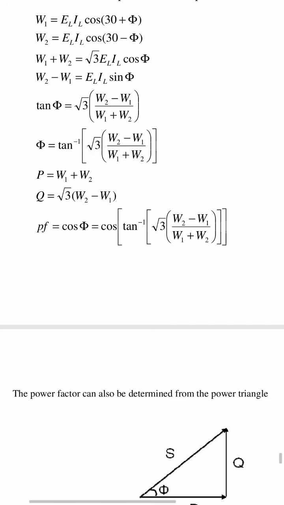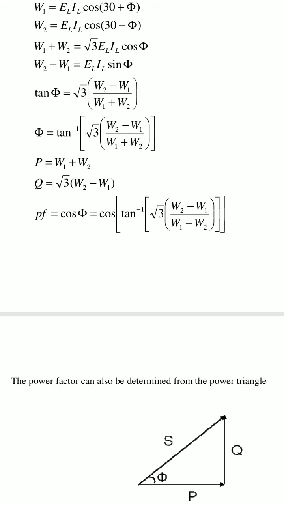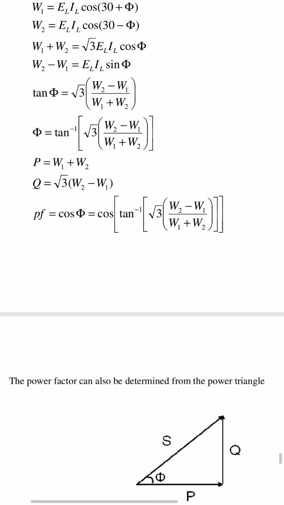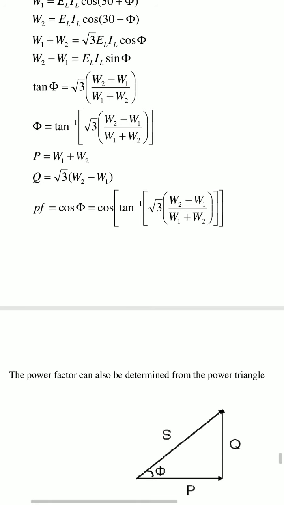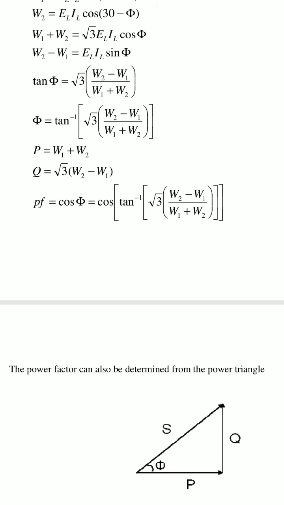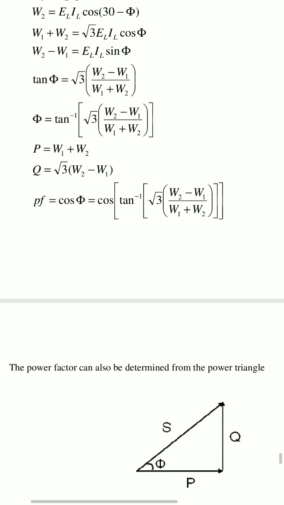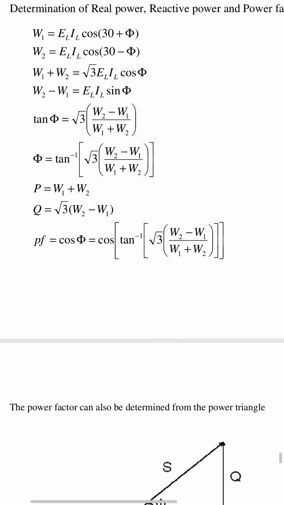So here the power factor is cos phi, that is equal to cos of tan inverse root 3 times W2 minus W1 by W1 plus W2. This is about the power factor.